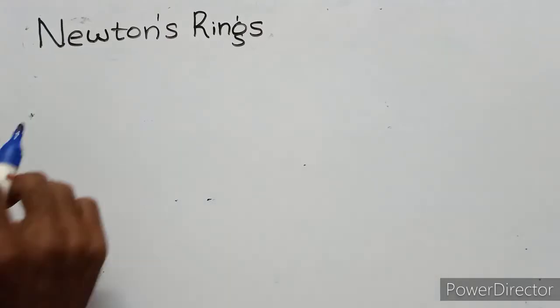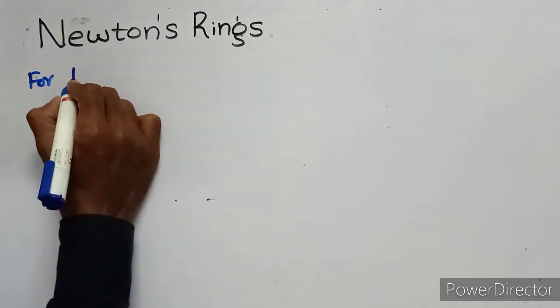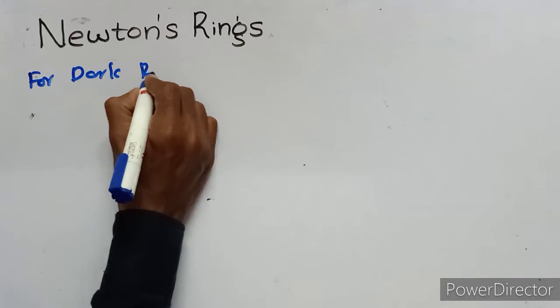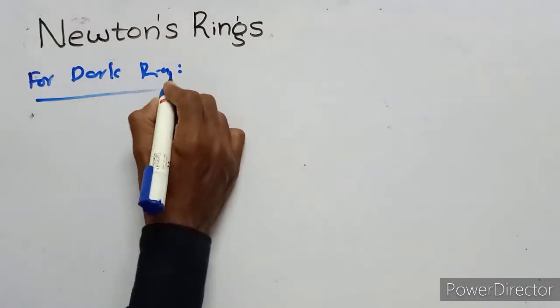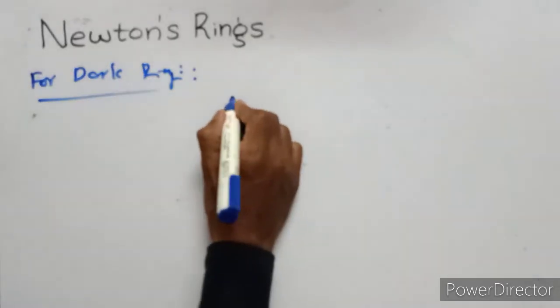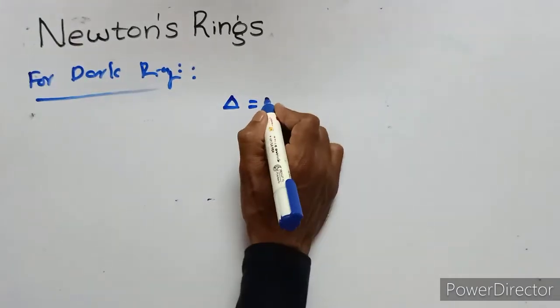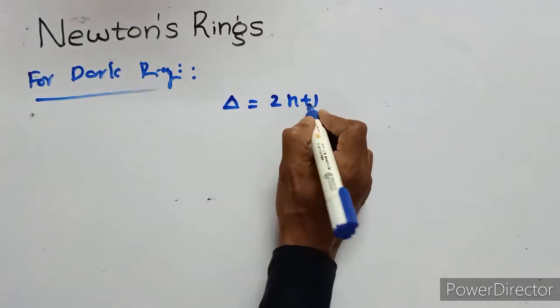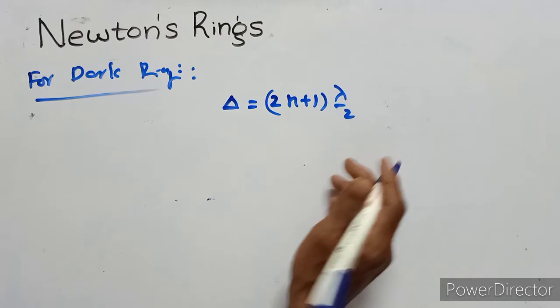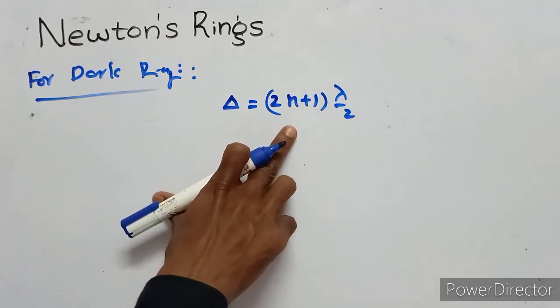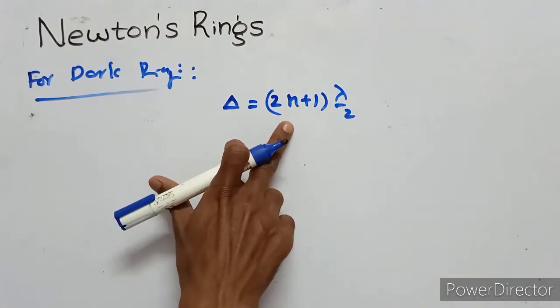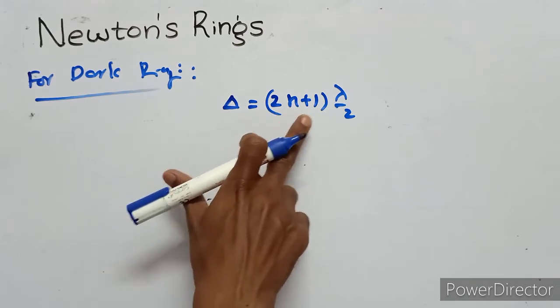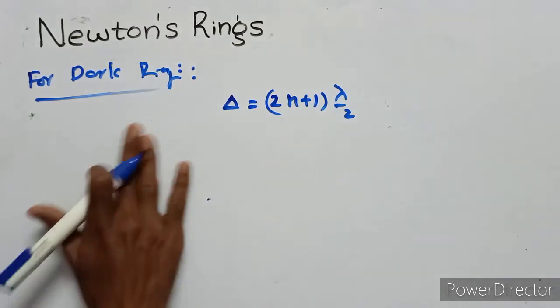Next, for the dark ring condition. The general condition of interference for dark is delta equals (2n plus 1) lambda upon 2.